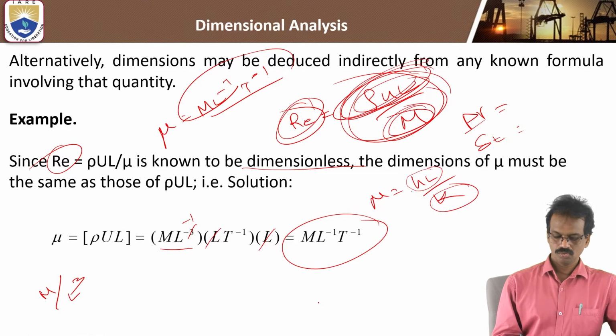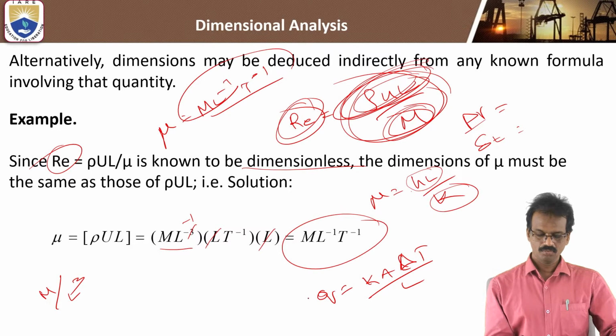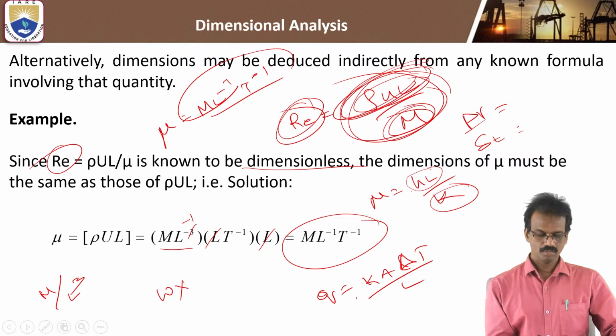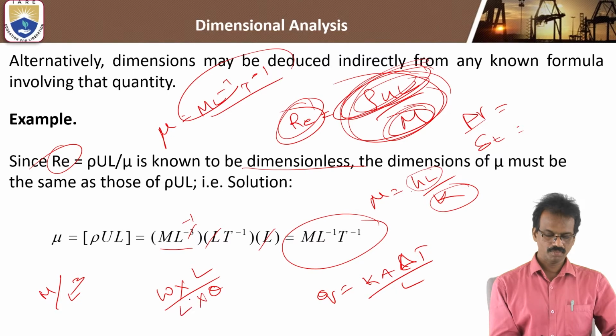So k is equal to q into L divided by area into temperature difference delta T. So this is the watt into length L by temperature theta into L square.